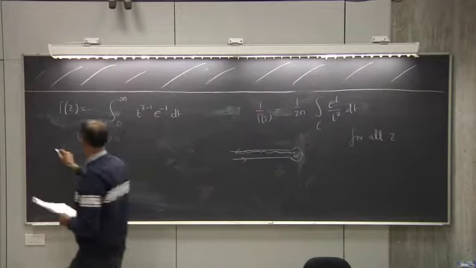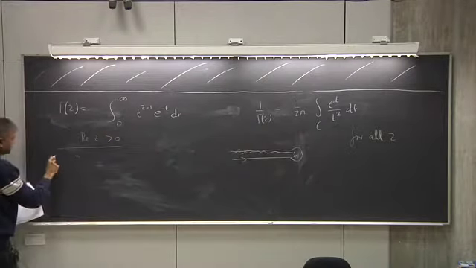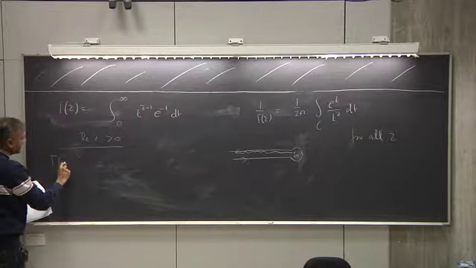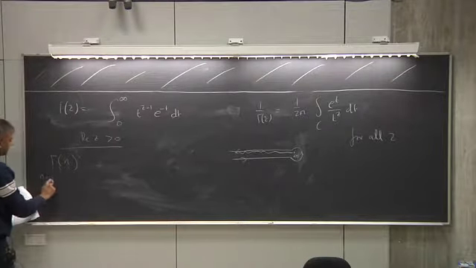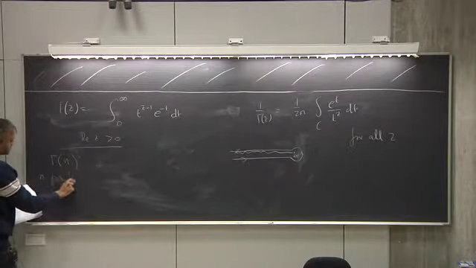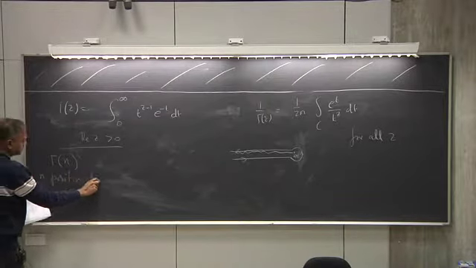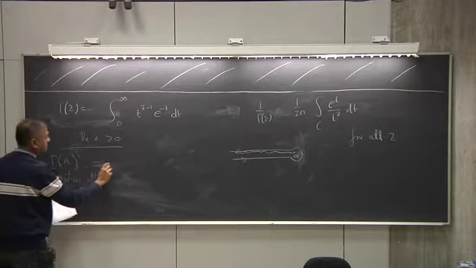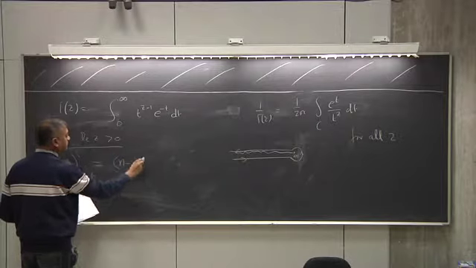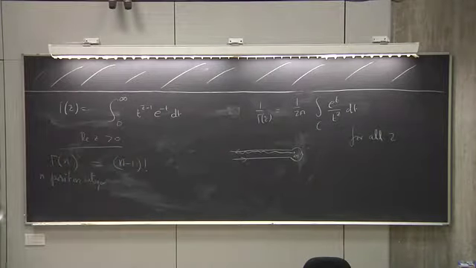But now, what are the important points? One, that gamma of n for n a positive integer is equal to factorial n minus 1. That's a very useful thing.